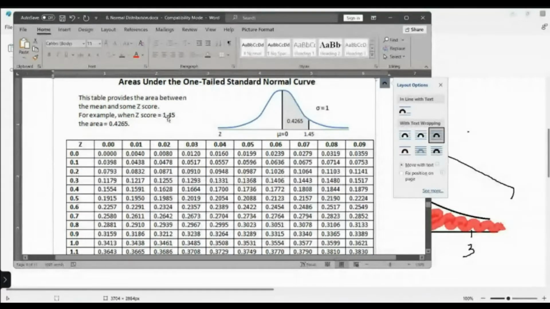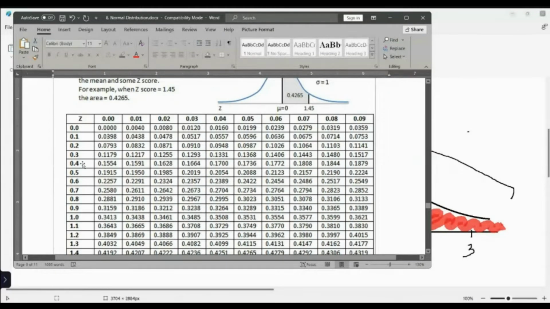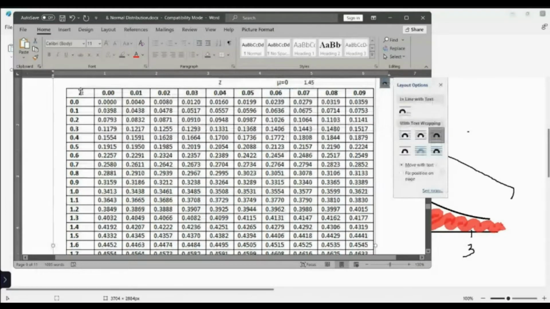The 1.4 will be observed in the first column of our z. And the hundredths digit will be observed on our first row, 0.005.